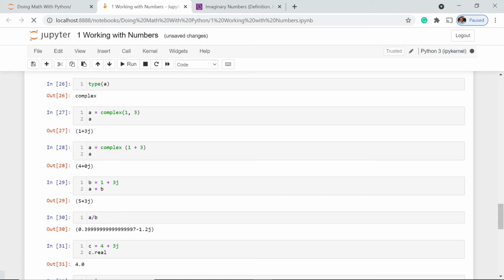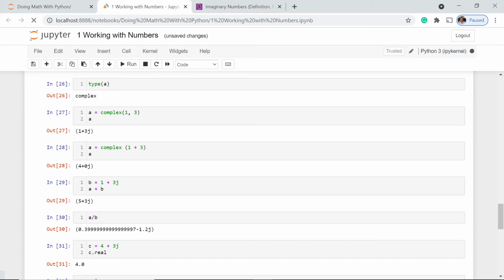Why is this? It's because 1 and 3 here are both real numbers. And because they are real numbers, we will be given 4, and an imaginary number is added to 4, and that is 0j, because here we have never set any value for an imaginary number. Here, we have b is equal to 1 plus 3j, and when we do the addition a plus b, we will be given 5 plus 3j.